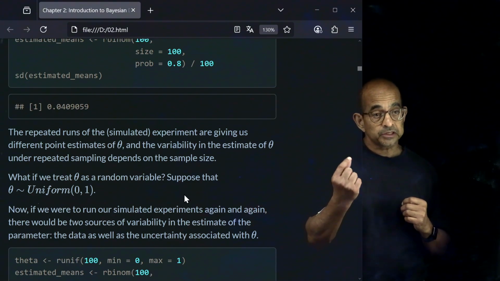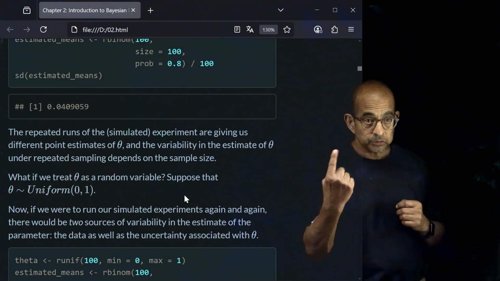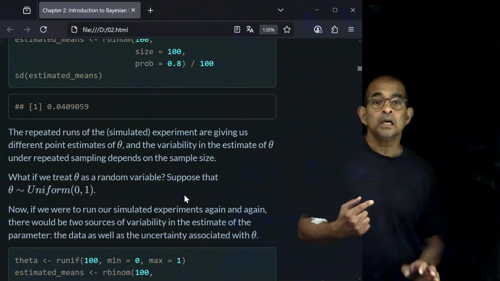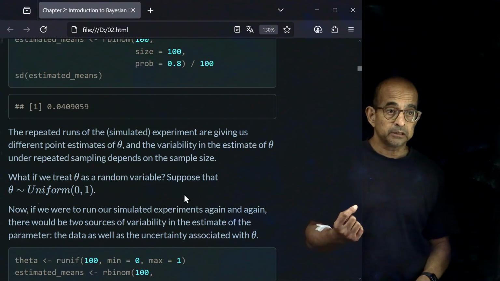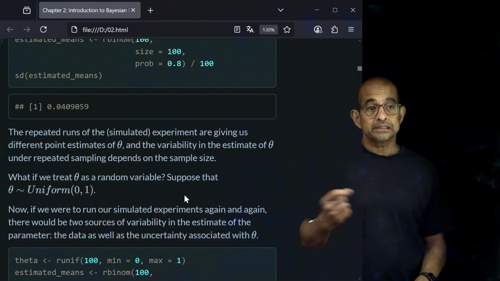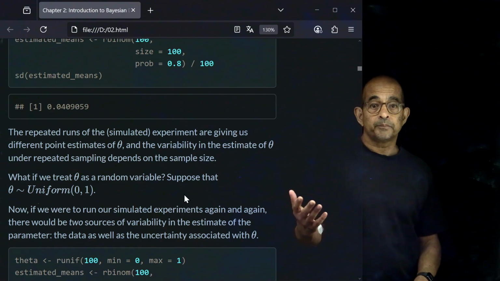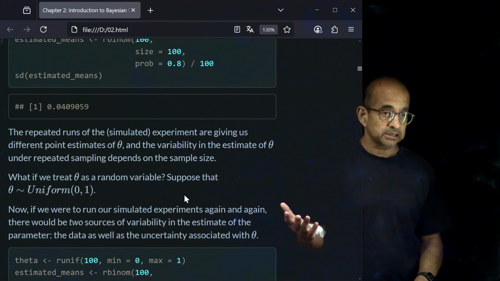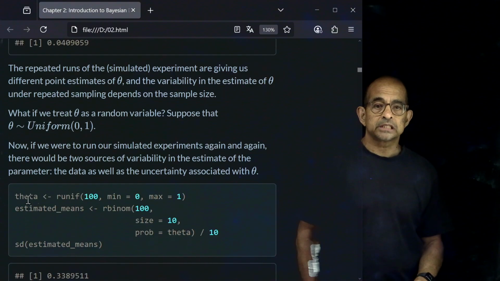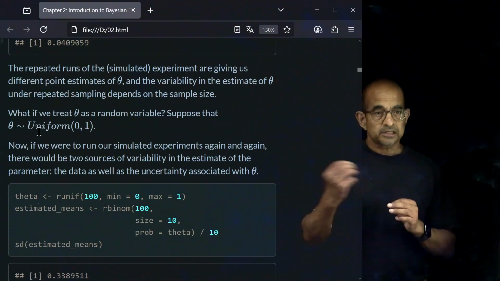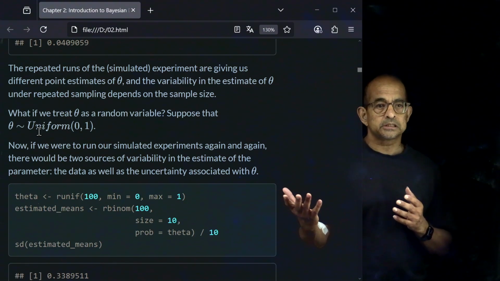Instead of thinking of the theta parameter as a point value that's unknown and out there, we are going to treat the theta parameter as a random variable and associate with that random variable a particular probability density or mass function, right? So let's say, for example, that we could start with the assumption that the theta parameter, the probability parameter, is a random variable with a uniform distribution defined on it.